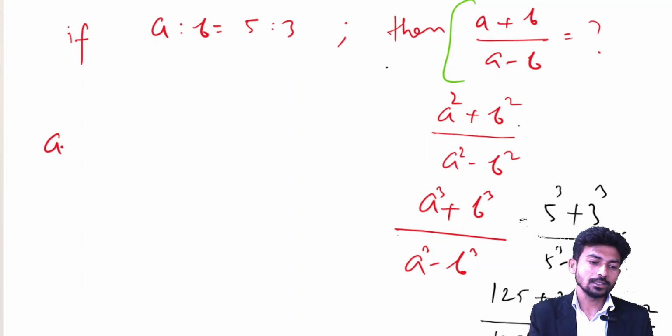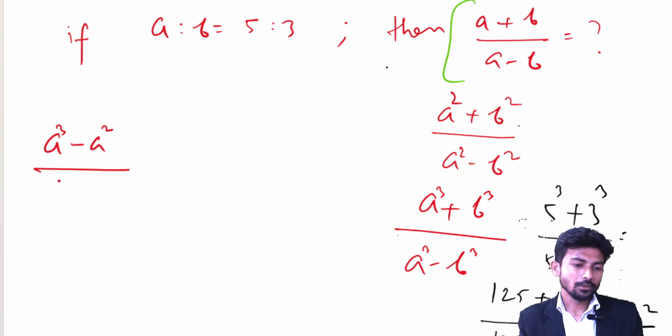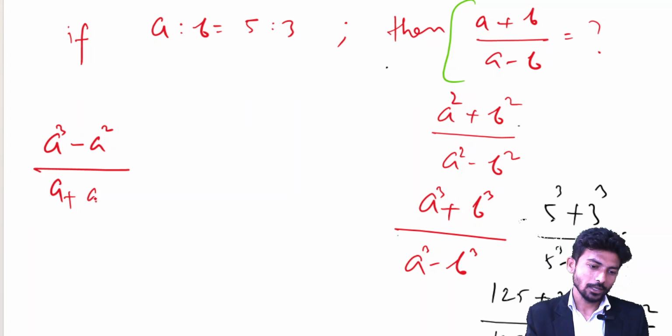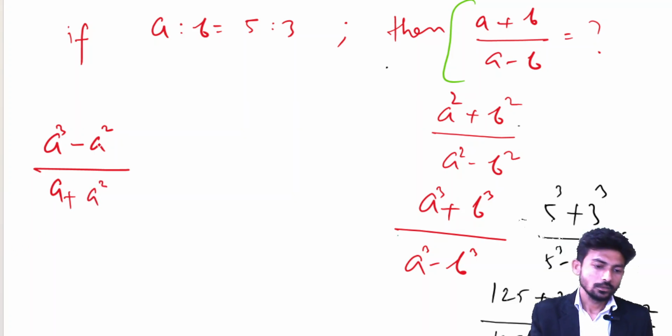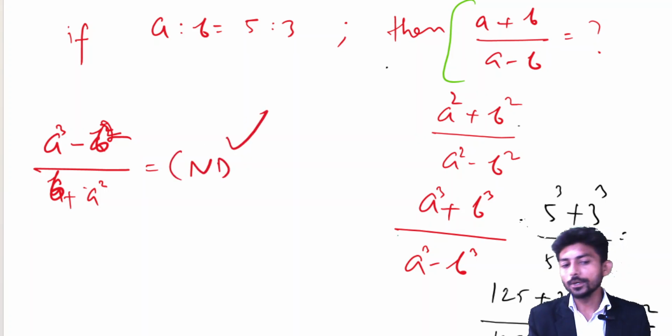Let's suppose it is like this: a cube minus a square over, then we have a plus a square. Sorry, let me take it as b here. a cube minus b square, and then b plus a square. Now, for this kind of problem, the answer will be option D, meaning cannot be determined.